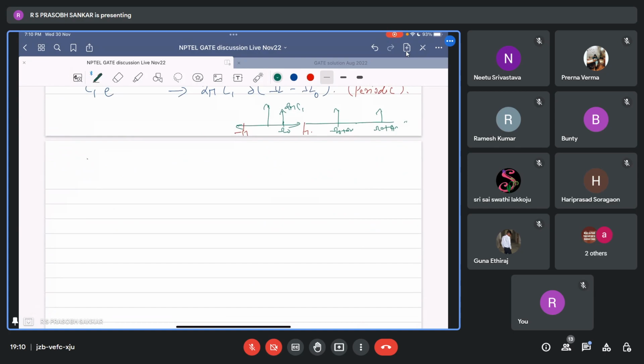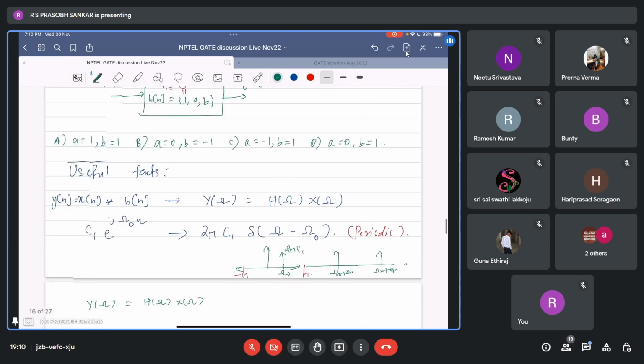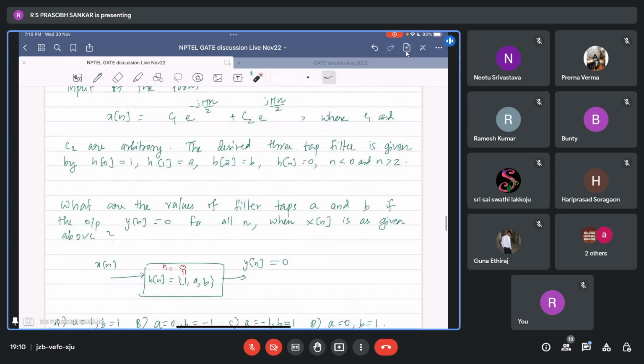Okay. So, what do we have here? We have Y of omega to be H of omega times X of omega. Now, what is our input signal? Our input signal is given by a sum of two complex exponentials, one at omega equal to minus pi by 2, the other at omega equal to pi by 2.